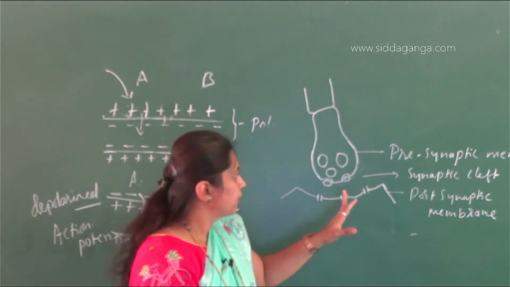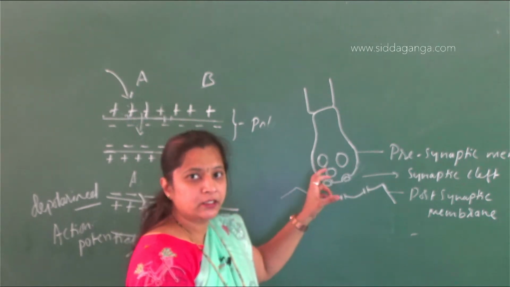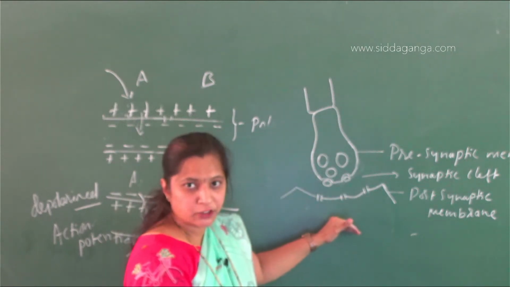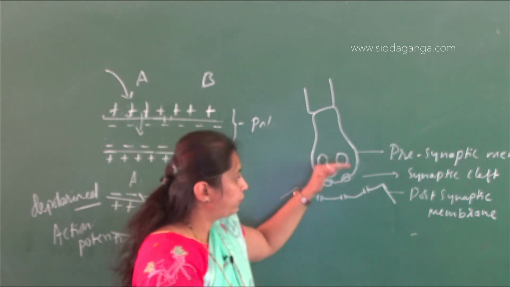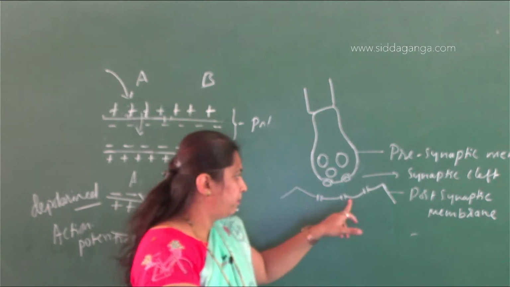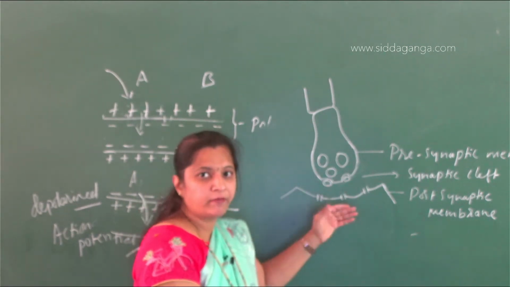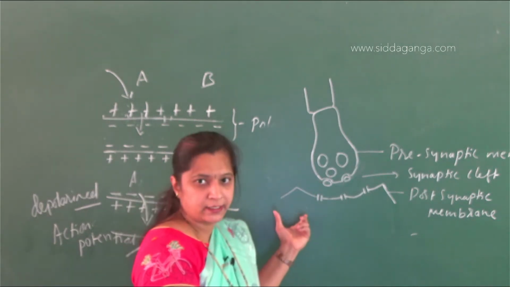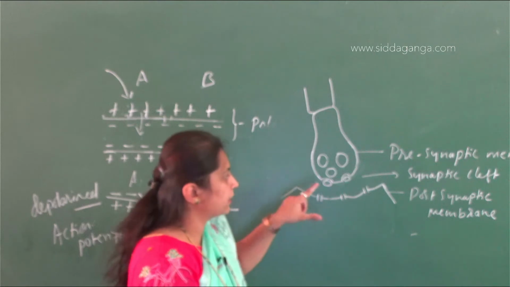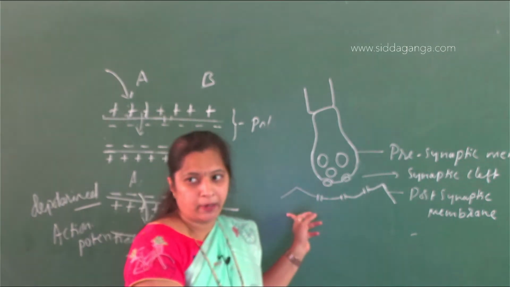This is the synaptic cleft. The presynaptic membrane is the one which transmits the impulse to the next neuron, and it is present before the synaptic cleft, and the postsynaptic membrane is present after the synaptic cleft. It will receive the impulse. As I said, the synapse is formed by presynaptic membrane, synaptic cleft, and postsynaptic membrane.